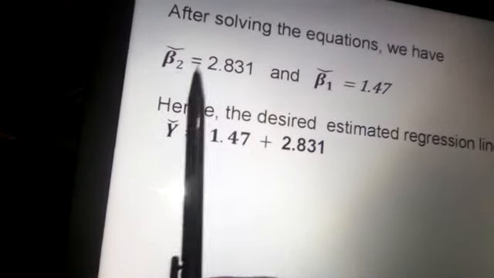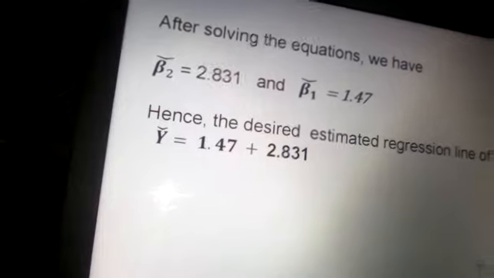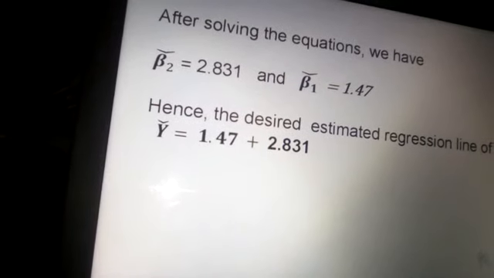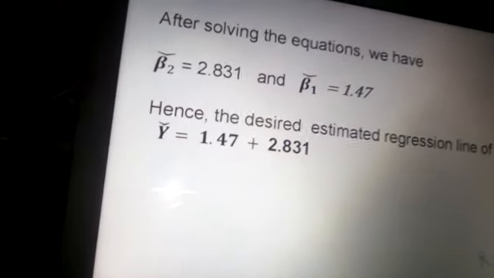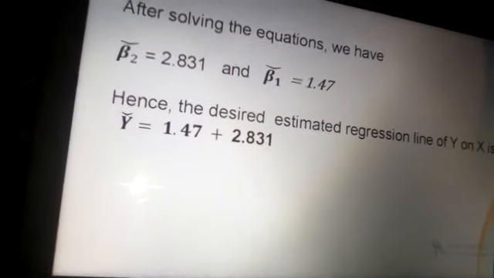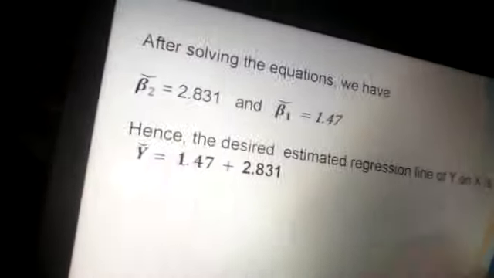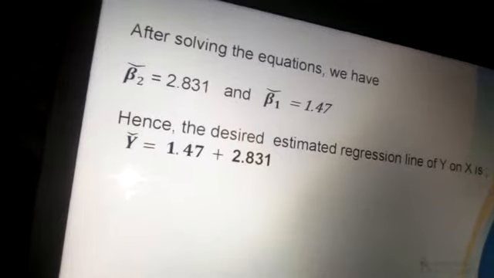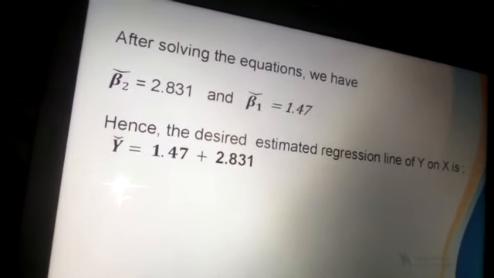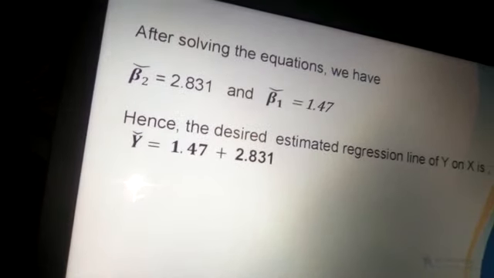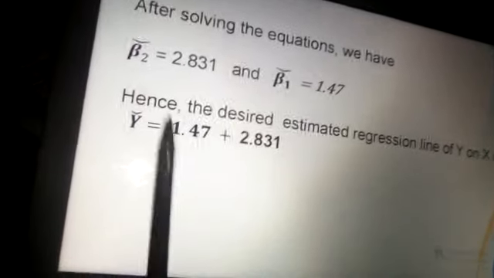Beta 2 hat, after putting the values, I am not solving the question, as I will upload the question solving exercise in the next video. I am just uploading the review, or you can say the basic things, so you will get the idea in your mind.